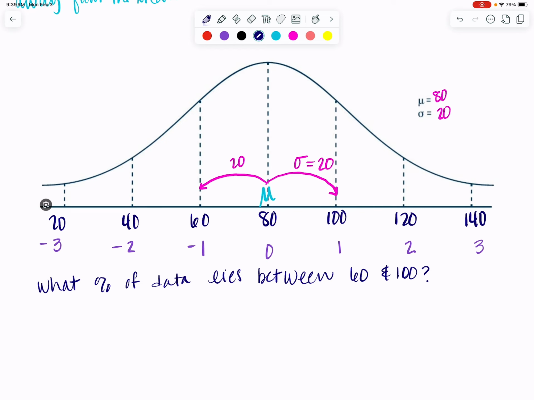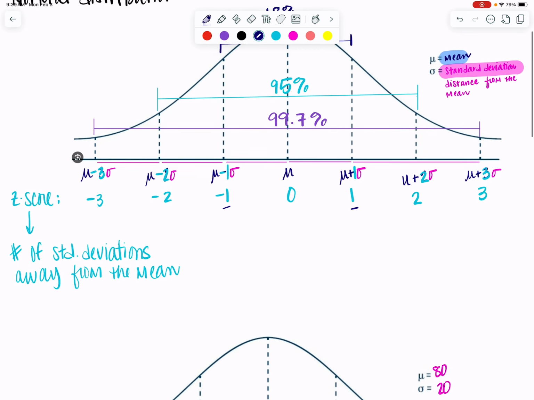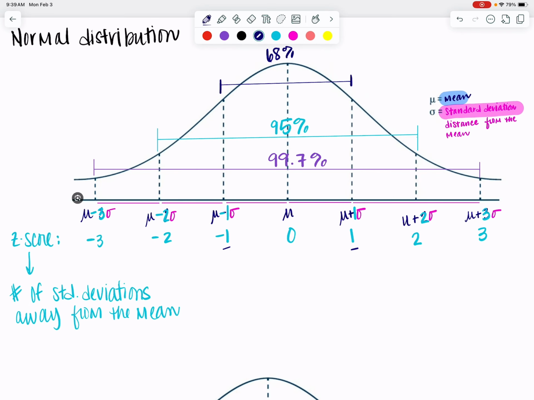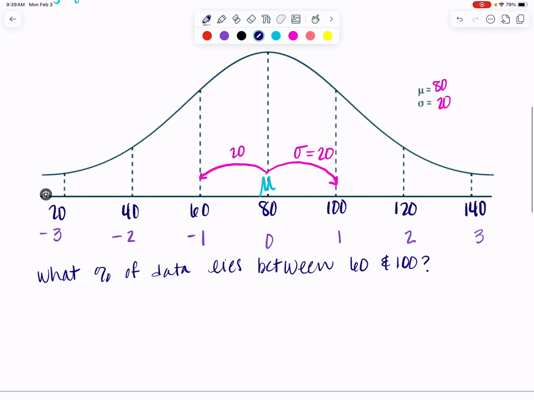Well, I happen to have my handy dandy empirical rule chart, or my empirical rule. It says 68% lies within one standard deviation from the mean. So 68% of my data lies within 60 and 100.